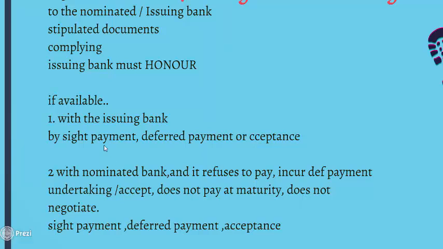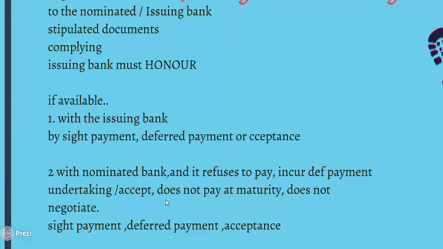If it is available with a nominated bank and the nominated bank refuses to pay or negotiate, or to incur the deferred payment undertaking, or to accept a draft, or accepts the draft and doesn't pay on the due date, or incurs a deferred payment undertaking but does not pay on the due date, in such circumstances the issuing bank has to honor. How do they honor?